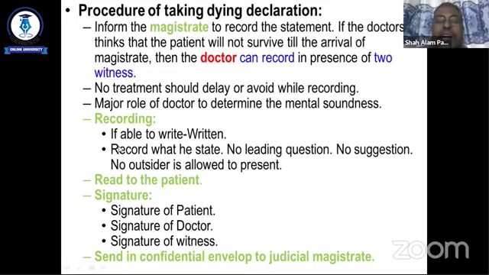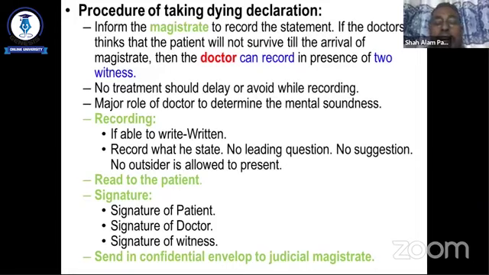If he is unable to write, then record what he states. No leading question, no suggestion, no outsider is allowed to be present during recording his statement. If any question is asked, record that question and what he answered also.